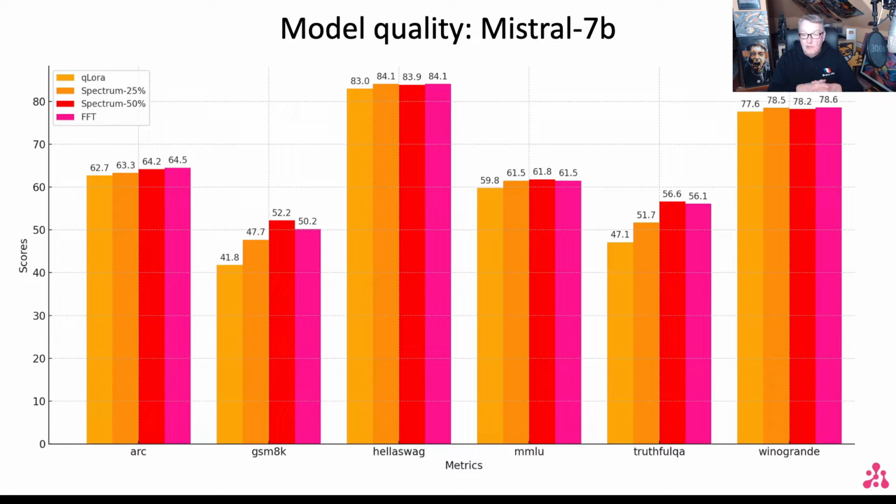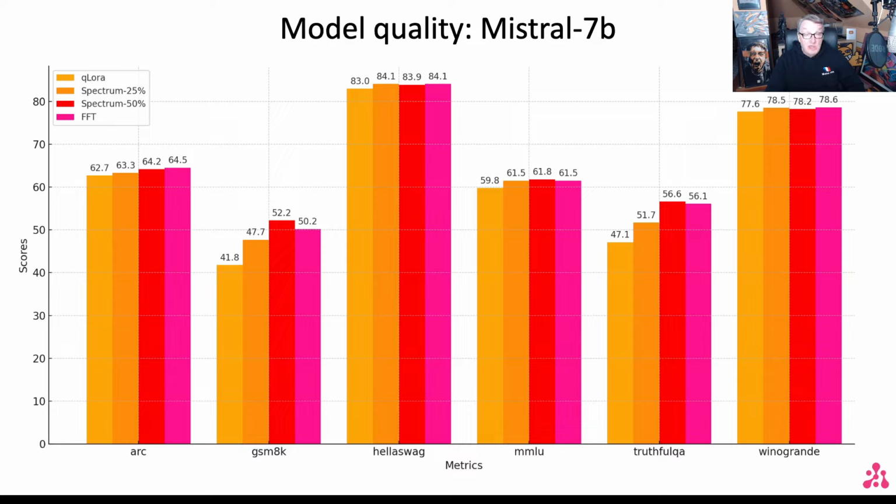We benchmark the fine-tuned models on mostly reasoning datasets, Arcee, HelloSwag, MMLU, etc., and the math dataset, GSM-8K. On Arcee, full fine-tuning is still the best by a small margin, and Spectrum 50% is very close, and definitely higher than QLoRA.